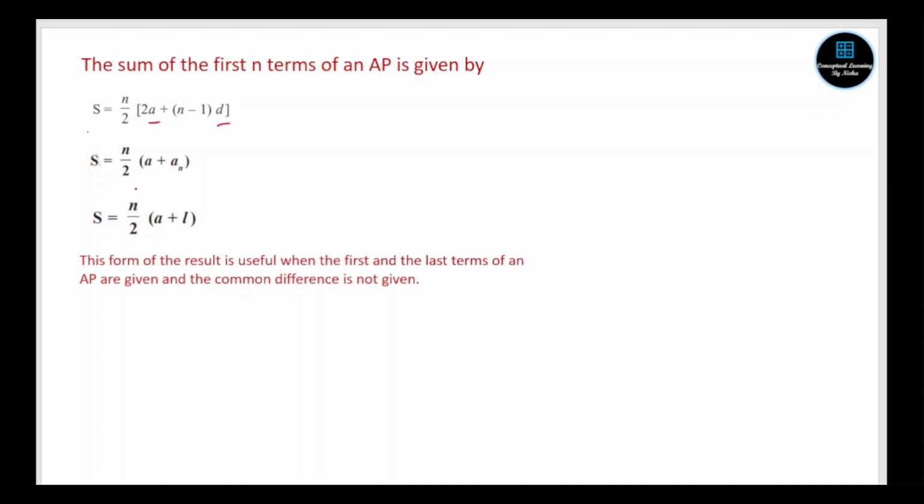It is also given as S equals (a plus an) into n upon 2. When the last term is given and the common difference is not given, we can use this last formula, which is n upon 2 into (a plus an). Now let's solve some questions based on it.